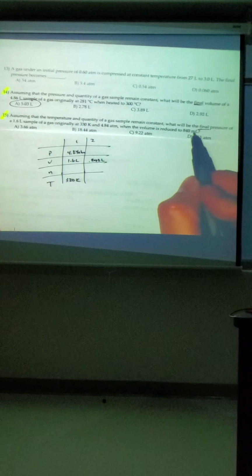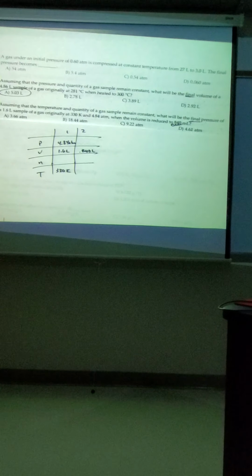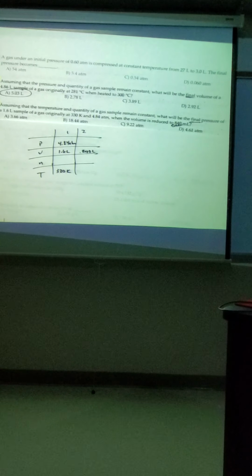So divide by 1,000 and move that decimal point back a few spaces. So there's a trick to that one. It says in the beginning that temperature and quantity remain constant. So it was 330, it's going to stay 330. So those are irrelevant. What really is important here is our final pressure.